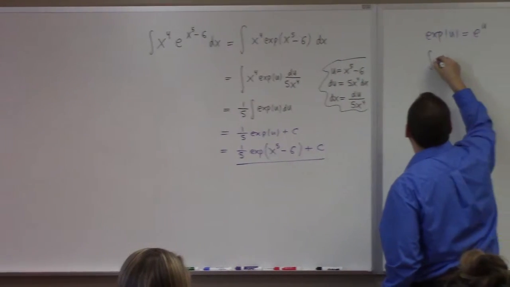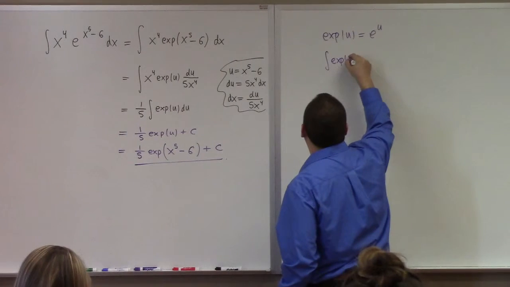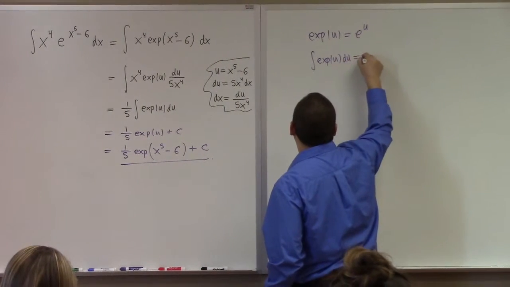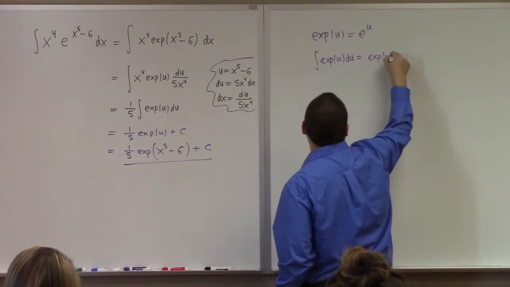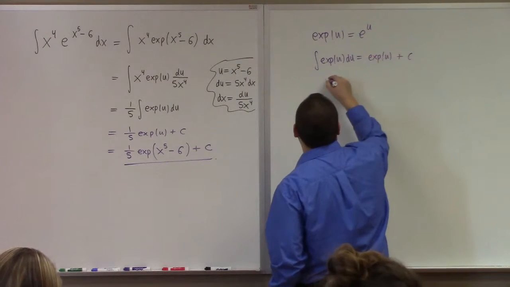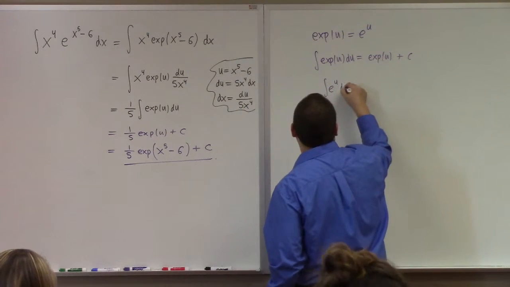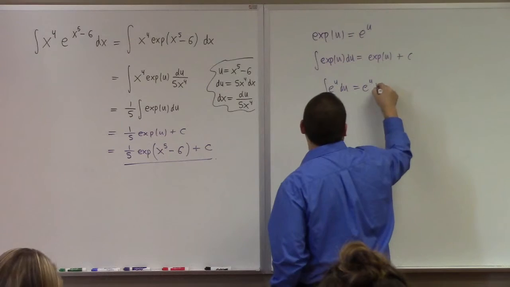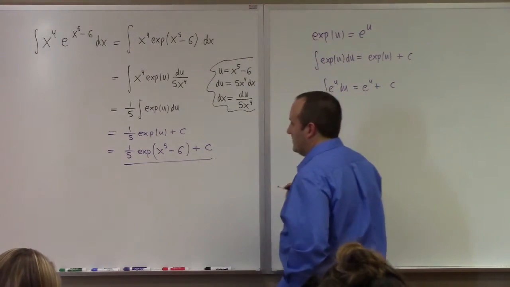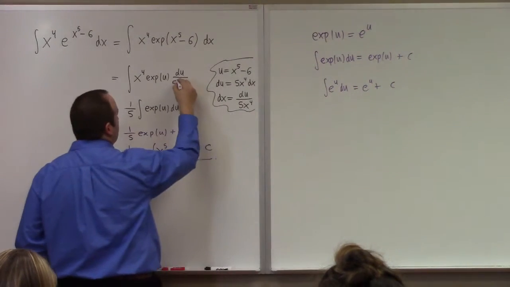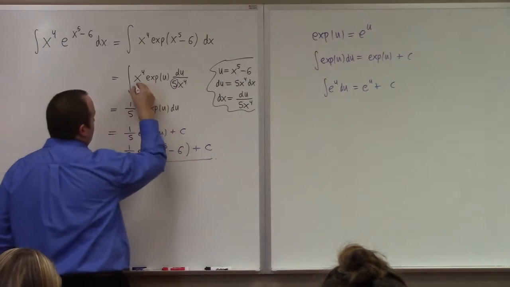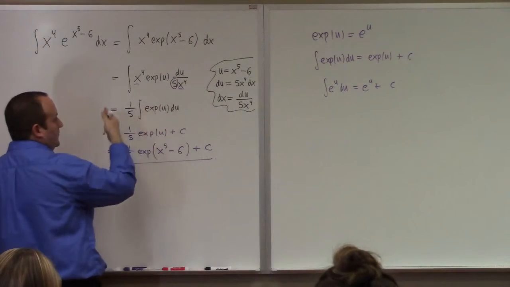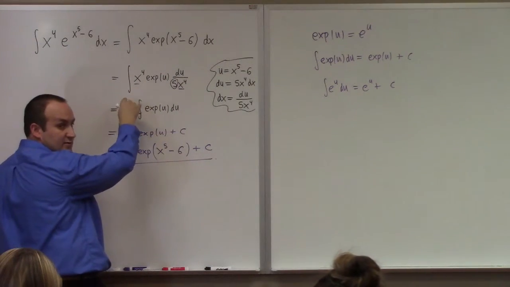So the integral of the exponential of u du is just the exponential of u plus a constant again, all right? This is just a different notation. Well, that's because there's a 5 here, right? And so that and that cancel, and I pull the 1/5 out of the integral, and it's just multiplying 1/5.